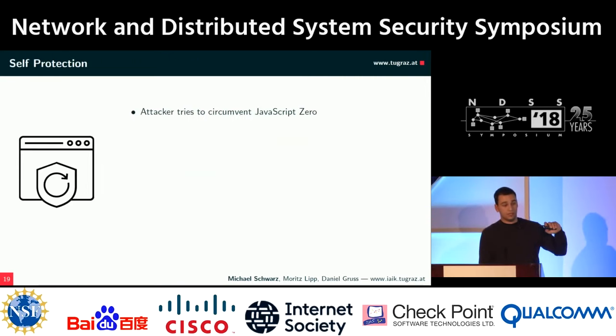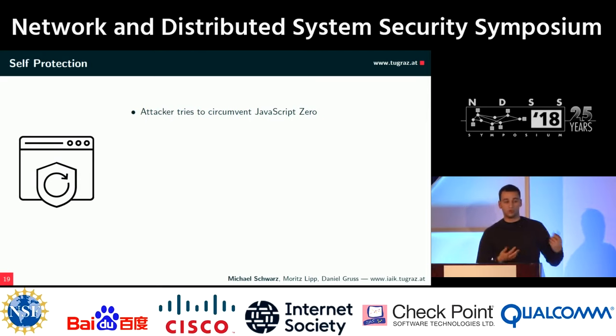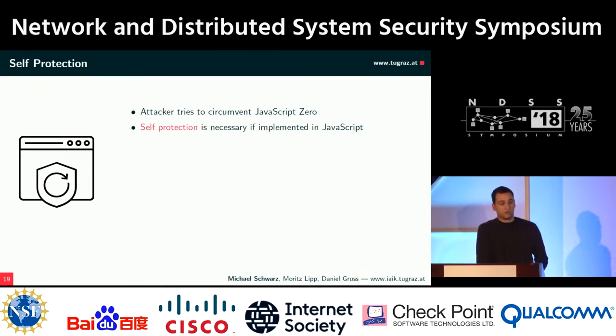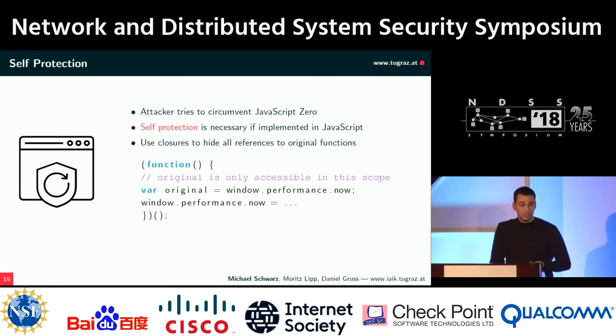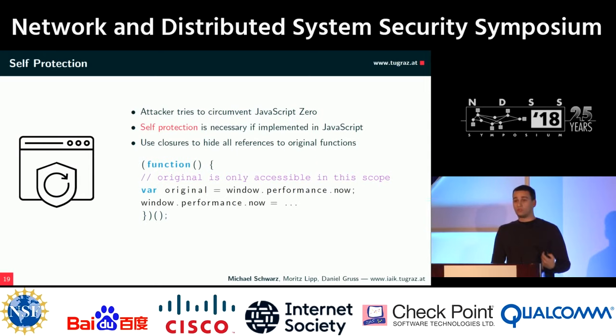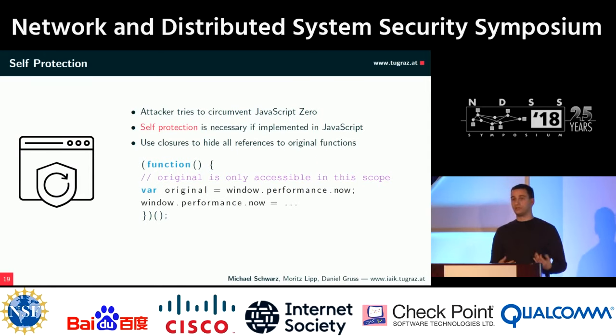And this sounds nice, but as it's in JavaScript, it could be circumvented in JavaScript by an attacker, of course. So we also require some self-protection. And this also uses a nice JavaScript feature called closures. We build this anonymous closure here that contains the original reference.